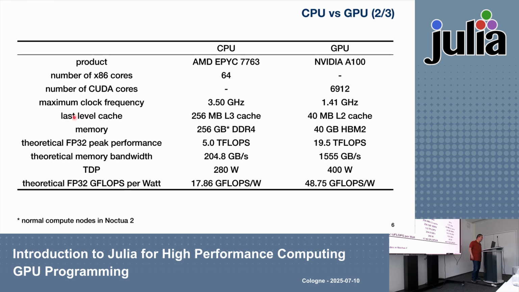And concerning the so-called last level cache, cache is important for code optimization. For the CPU, there are 256 megabytes of last level cache, and for the GPU, only 40 megabytes. This is much less on the GPU than on the CPU.